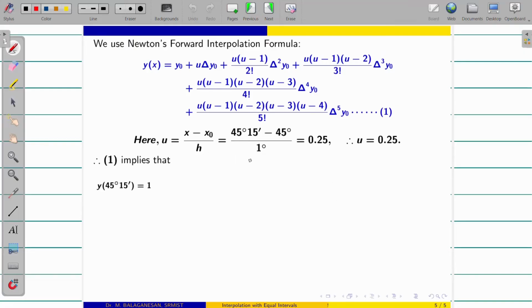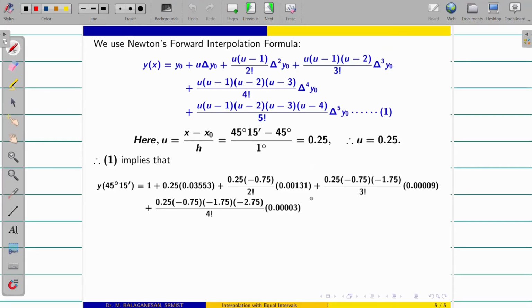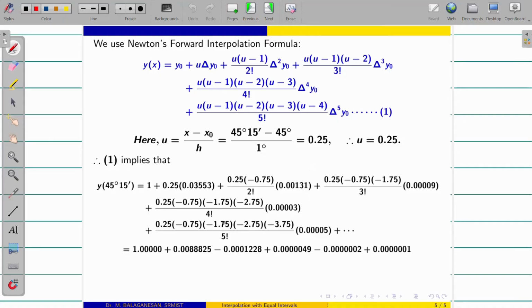Then substitute in equation 1. y naught will be the first value of y. u we already found. Del y naught is the first difference value in the table. Del square y naught will be the second difference value in the table. Del cube y naught will be the first value in the corresponding column. Likewise, you can fill in the values and do the calculation one by one, step by step. The final answer will be tan 45 degree 15 minutes equivalent to 1.00876.